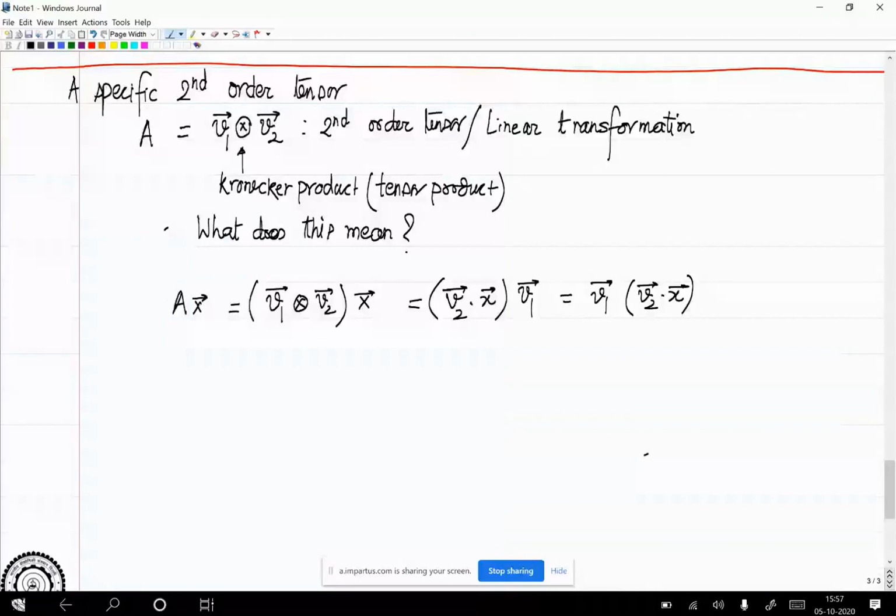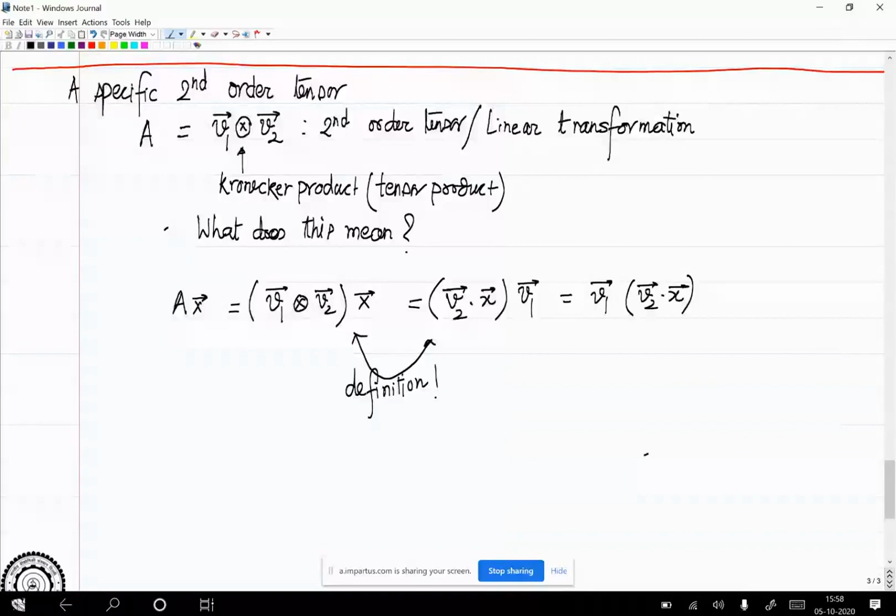Are you guys confused? This is just the definition. From here to here, when we went, this is a definition. You can't ask why it happened like this. It is just a definition. Are you with me, everyone?